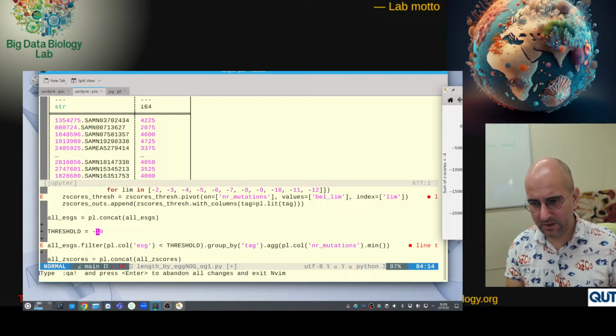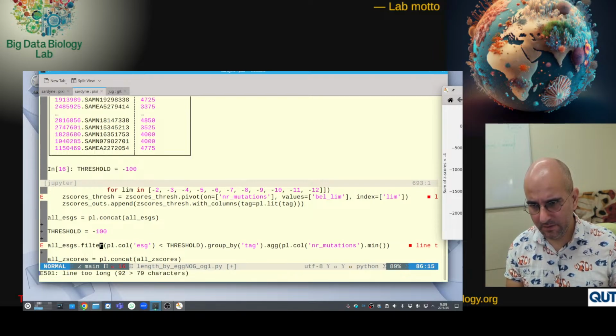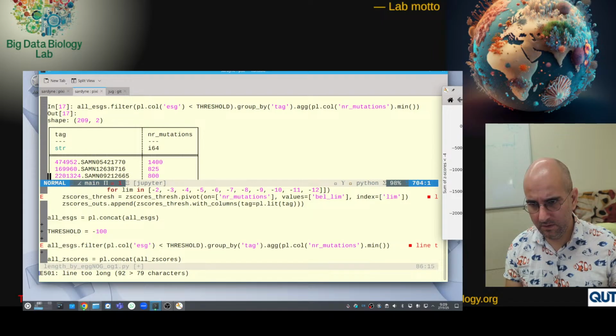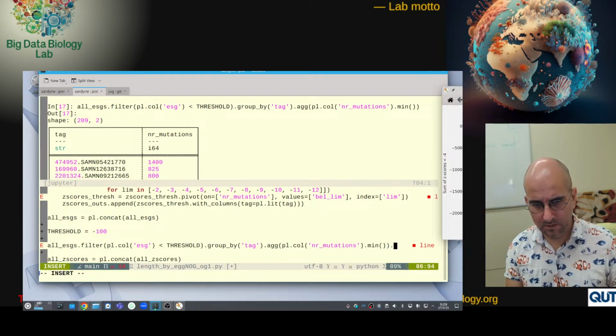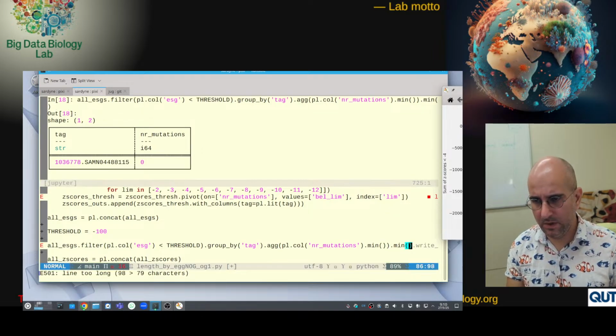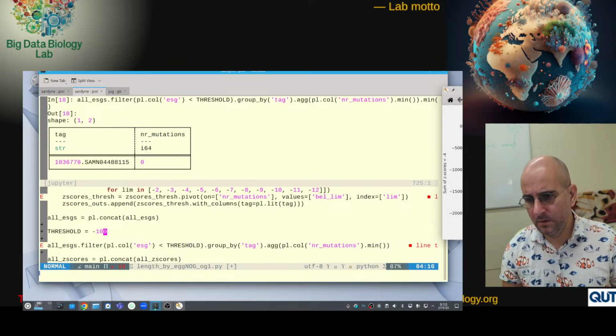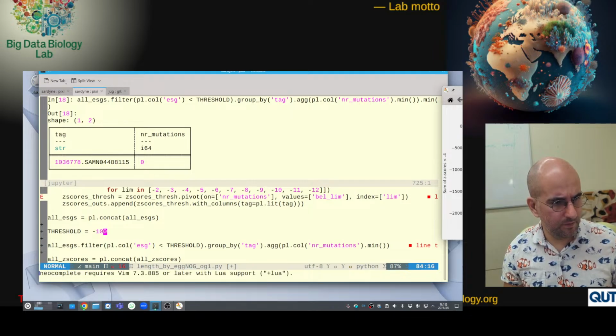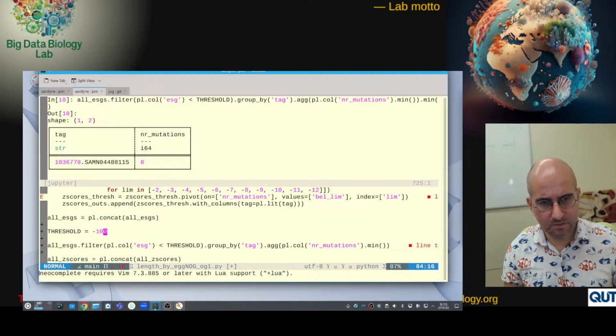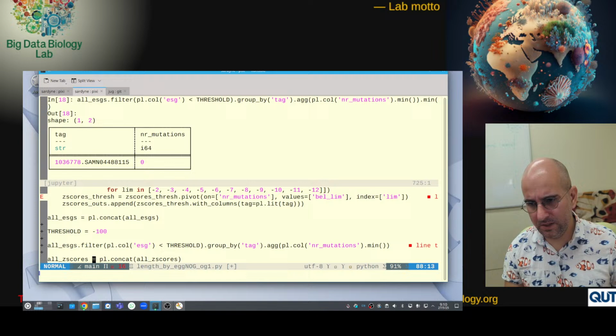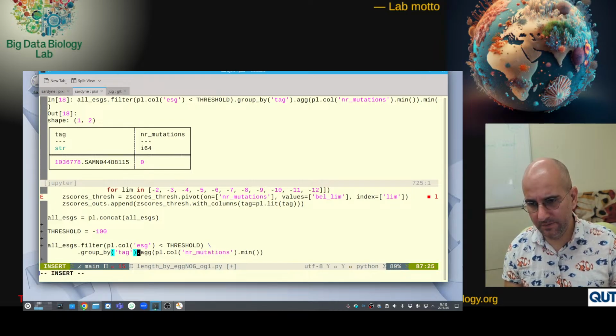And then if the threshold selects the minus, let's say 100, okay, I think this is what we want. So the minimum number of mutations such that for that.